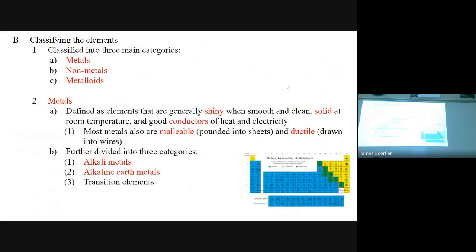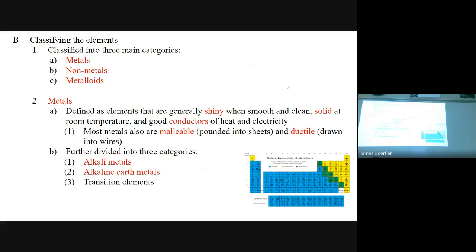So the table is classified into 3 different types of elements. You have the metals, nonmetals, and metalloids. The majority of the periodic table is going to consist of metals. And metals are elements that are generally shiny when smooth and clean, solid at room temperature, as well as good conductors of heat and electricity.